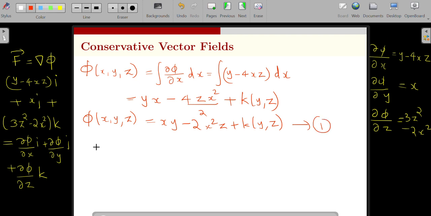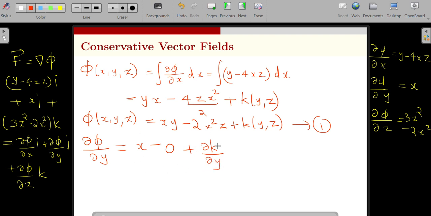Now differentiate equation 1 with respect to y. We obtain dou phi by dou y equal to x, minus 2x square z differentiated with respect to y is 0, plus dou k by dou y.